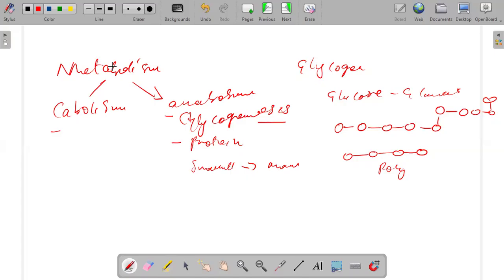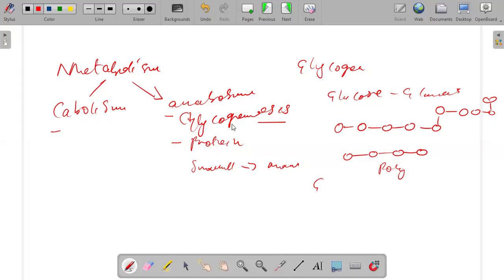So now we also have what we call catabolism, right? Catabolism is the opposite of anabolism. We are going to be breaking down complex molecules into smaller units, isn't it? For example, let me get a glucose molecule.